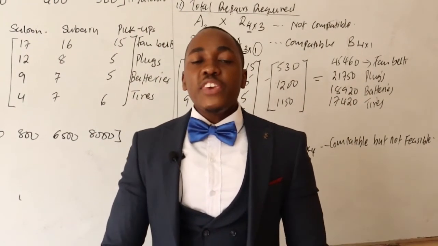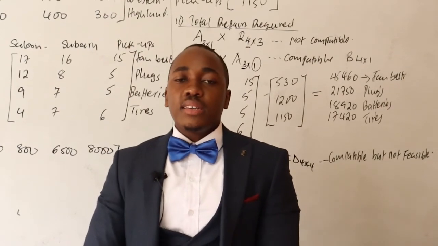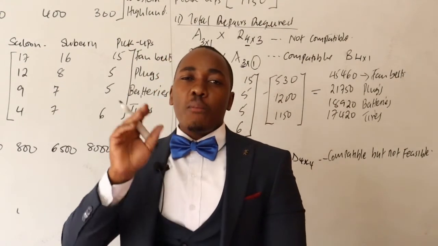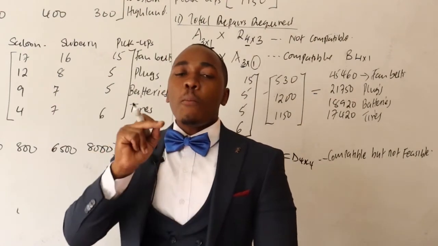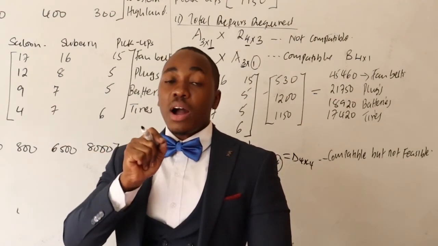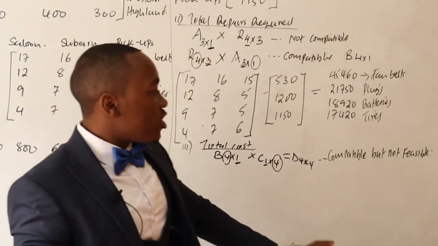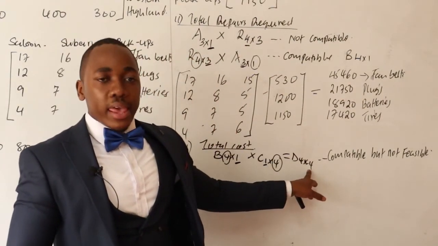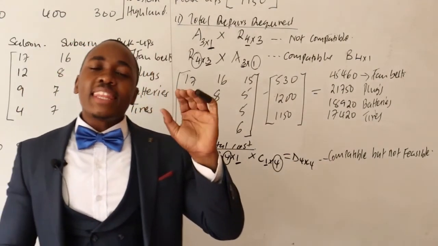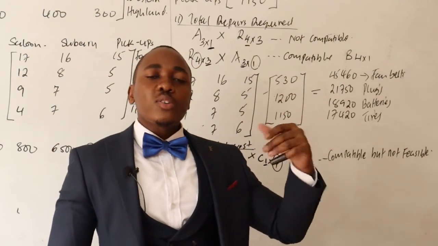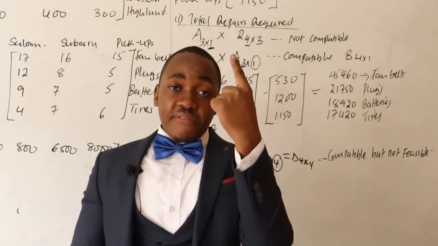When you're multiplying matrices for commercial purposes, it should be both compatible and feasible. Feasible means that it makes economic sense. This one does not make economic sense. Why? The question the examiner wants is to determine the total cost. If you're told to get the total cost, that means you only get one figure.